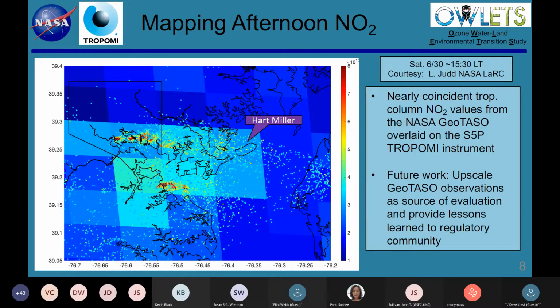So one of my other big pushes is to try to get everyone in the community, in the regulatory community especially, to either continue or begin to use satellite data for potential regulatory work. And a lot of that is also driven by NASA's announcement to launch a geostationary air quality satellite called TEMPO, Tropospheric Emissions: Monitoring of Pollution.